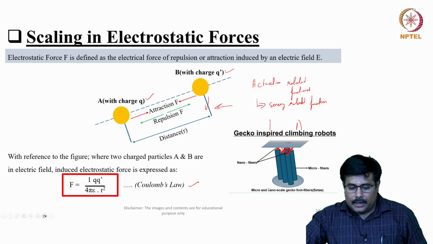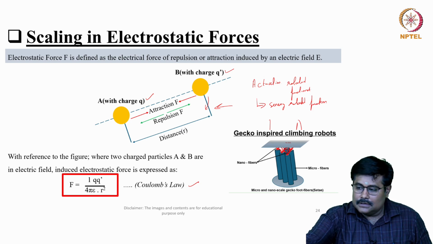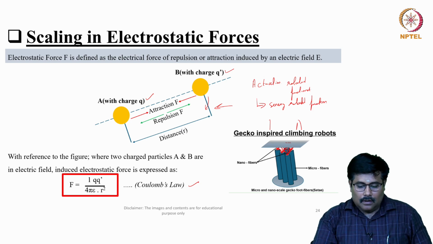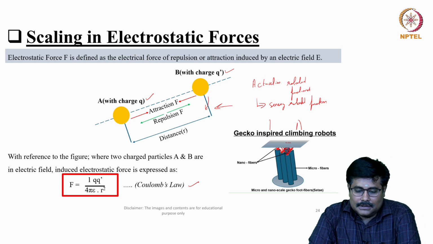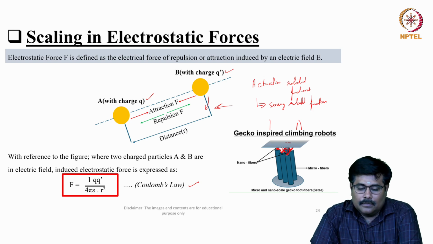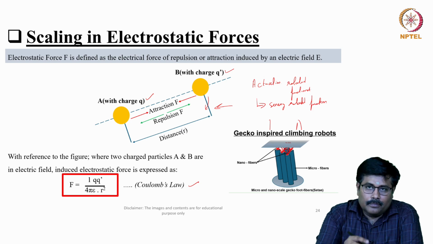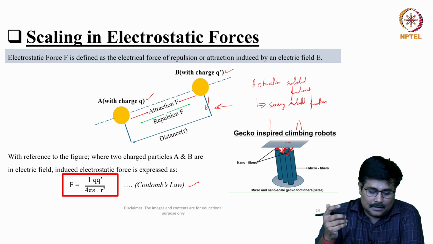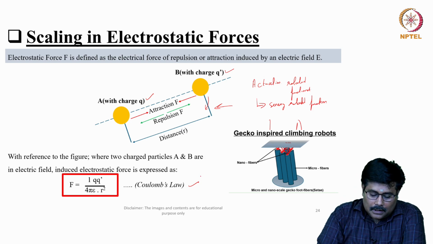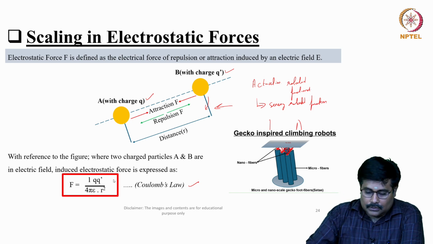As far as electrostatic charges are concerned, they induce an electrostatic force which is expressed by Coulomb's law, where we have A with charge Q, D with charge Q, the attraction force F and the repulsion force F, and a distance R between the two charges, which has both attraction as well as repulsion. So it is governed by Coulomb's law, that is 1 by 4 pi epsilon, Q Q dash by R square.